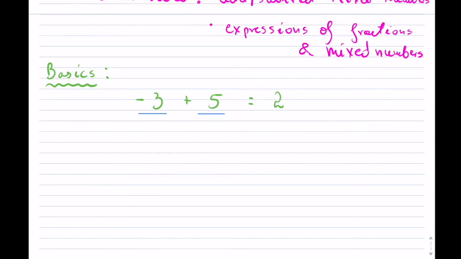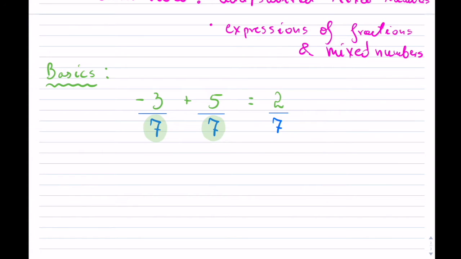So if the -3 and 5 were your numerators, and I created a denominator of 7, as long as your denominators are the same, it doesn't change anything for us. The answer is still 2, and the denominator stays the same. So that is the basic of adding and subtracting fractions.